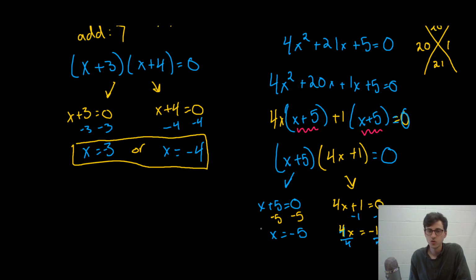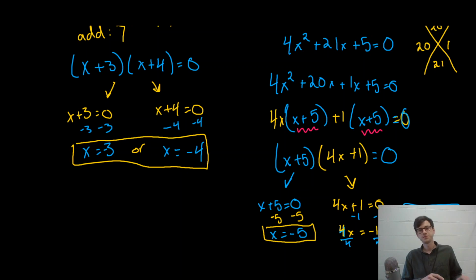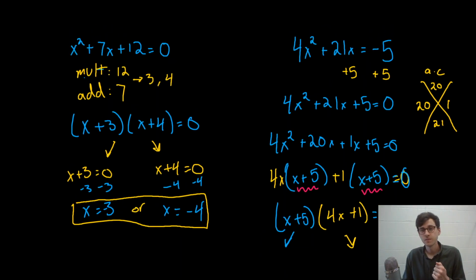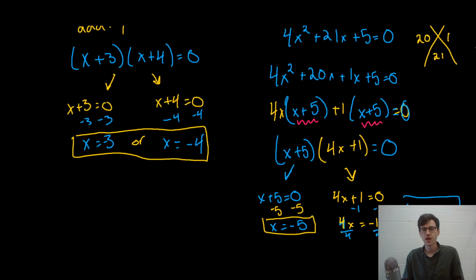So these are your two options, right? x is either negative 5 or x is negative 1 over 4. Sometimes, the big thing here was we needed to get the equation equal to 0 so that I can use the zero product property. Then you factor, and just make sure you factor all the way through with some of these trickier types of problems.